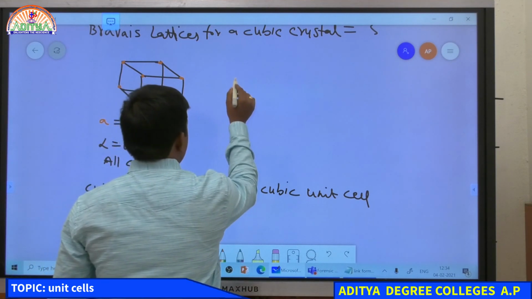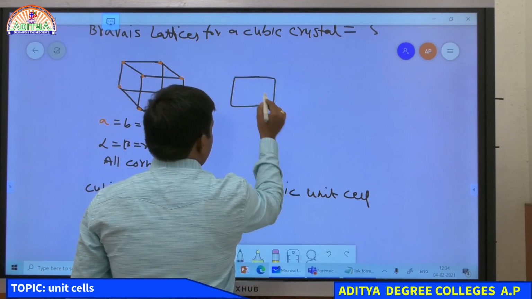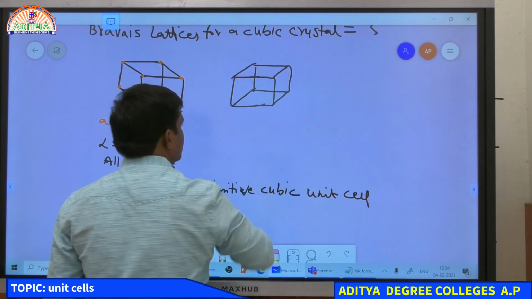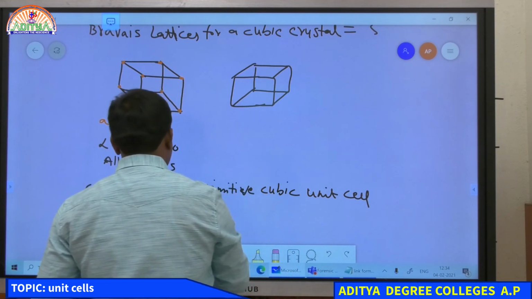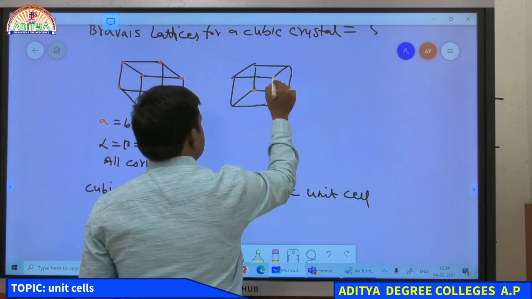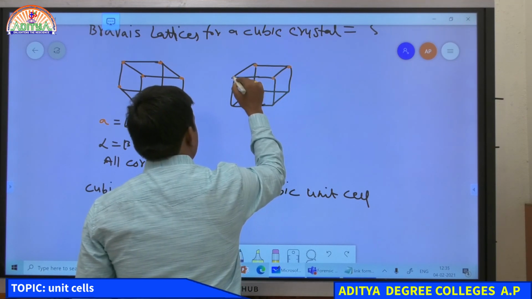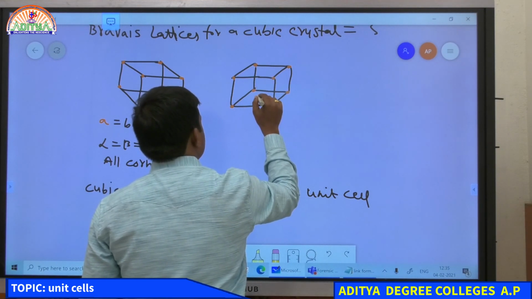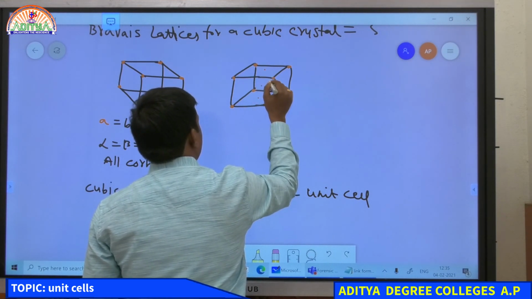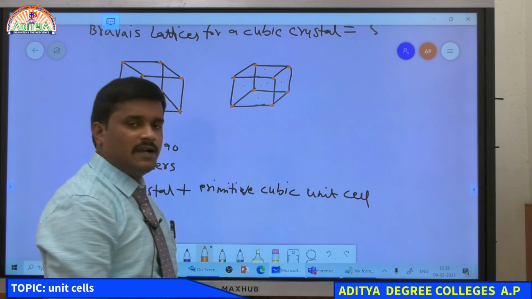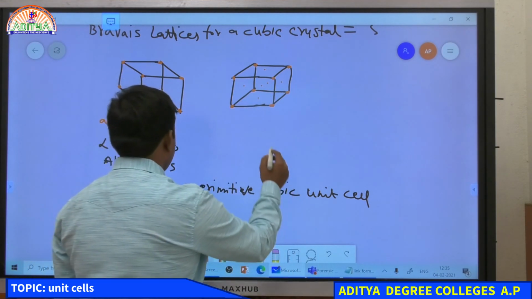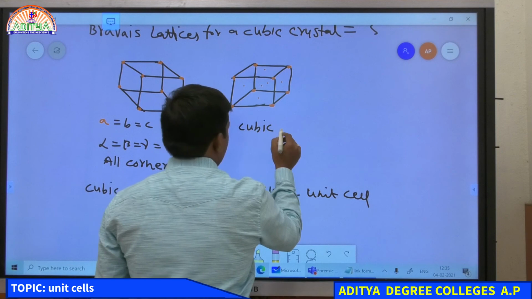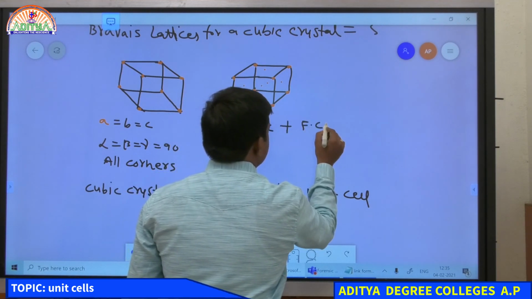The second one is again a cubic crystal, where all lengths are equal and angles are equal, and here points are arranged at corners as well as the center of the face. So, all corners and also the centers, 6 points at 6 faces. Therefore, this is a cubic crystal along with a face centered unit cell.